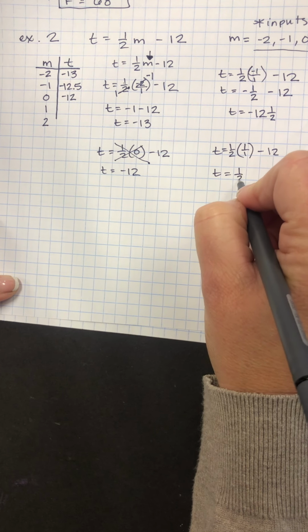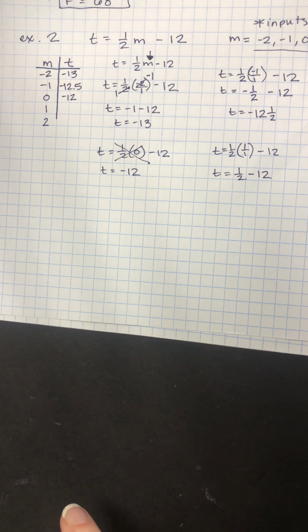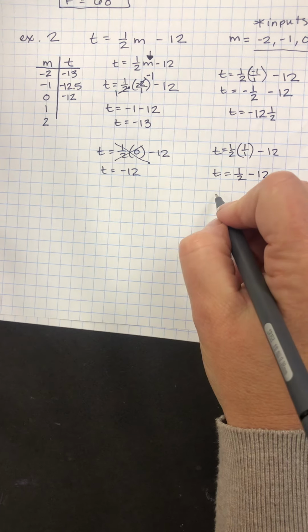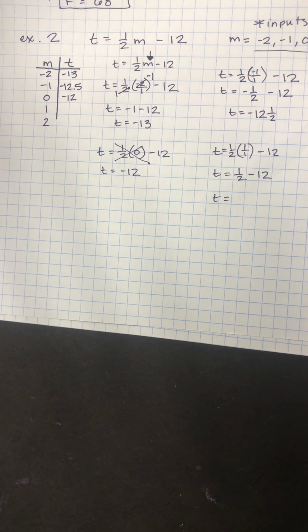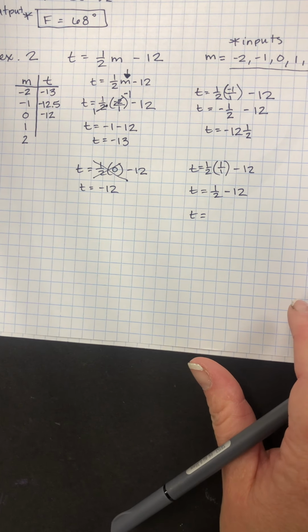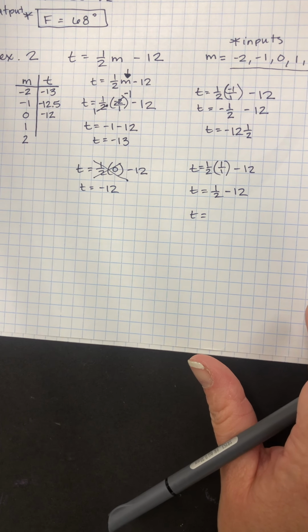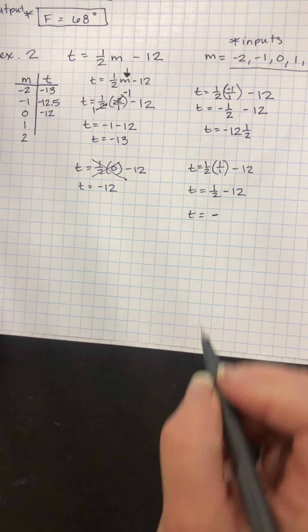When I clean it up, I have 1/2 and then minus 12, but 1/2 is positive this time and 12 is negative. So what does that mean I need to do? When the signs are different, what do I do? Anybody? Hello? It's like I'm back on the videos. Is anybody there? The bigger one is going to be the sign for my answer, right?